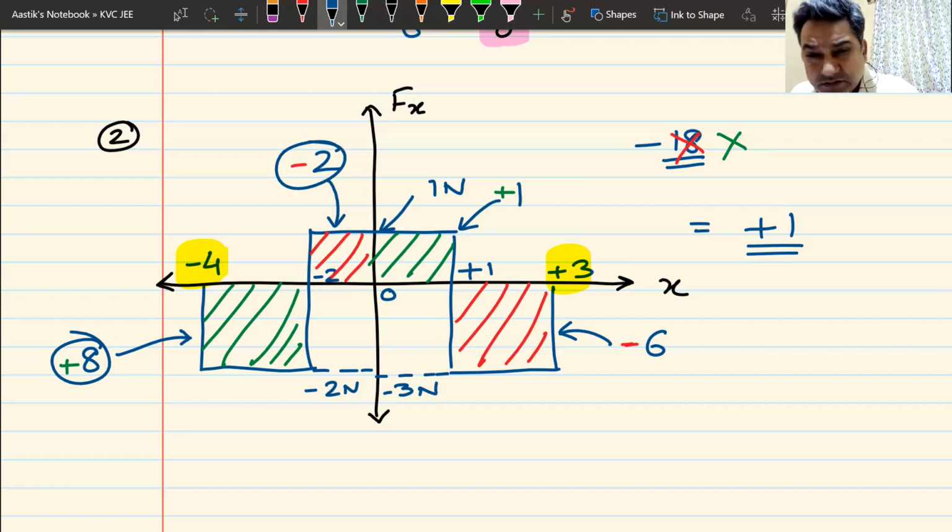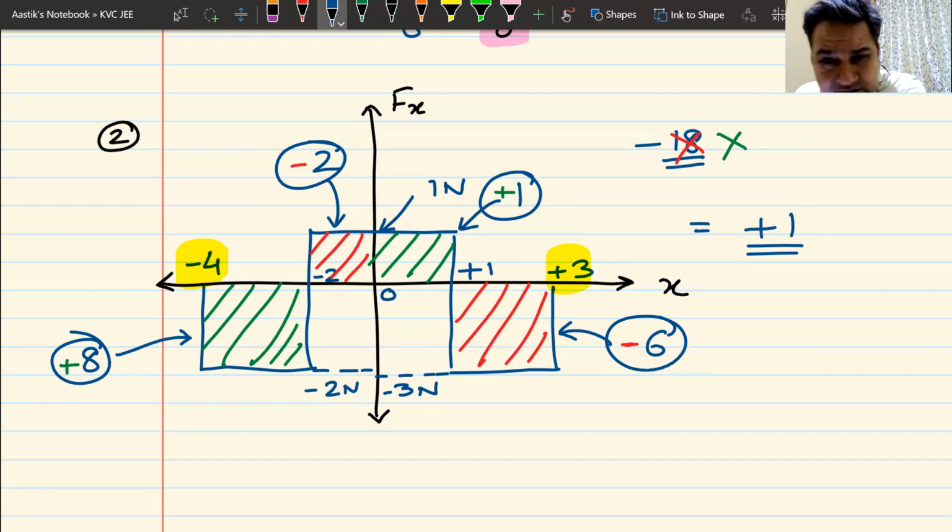In the second region, force is positive, displacement is negative, therefore it is negative. In the third case, both are positive, that's why it's positive. In the fourth case, force is negative and displacement is positive, and hence the answer is -6. Do we get this? Multiplication of two things, both are positive, positive, both are negative, positive, positive, negative, it's always negative. Do you understand this now?